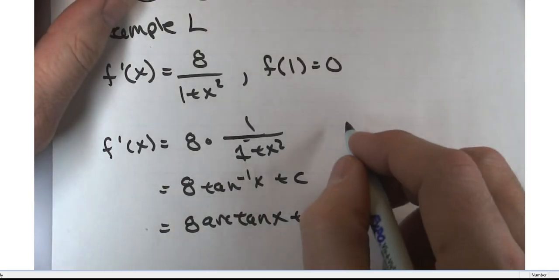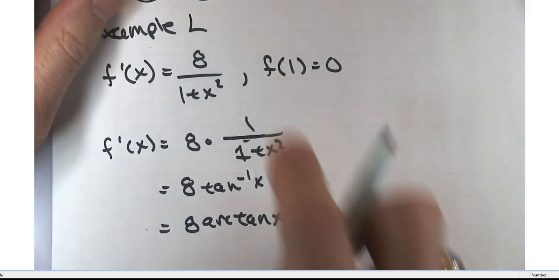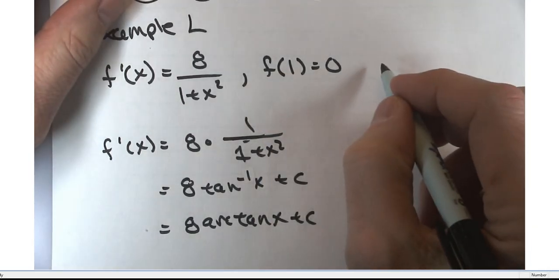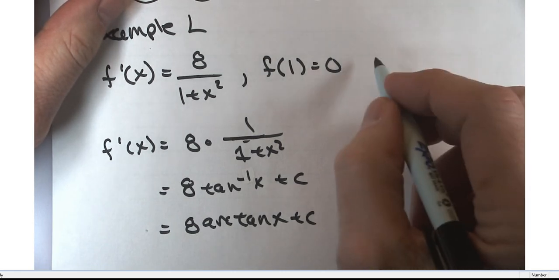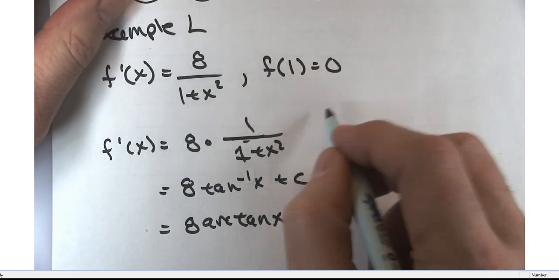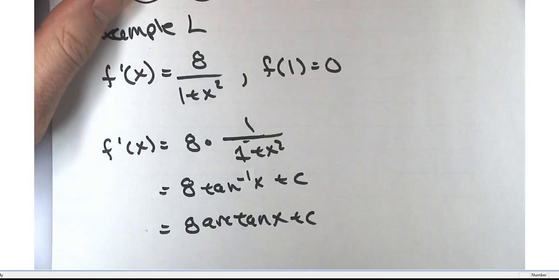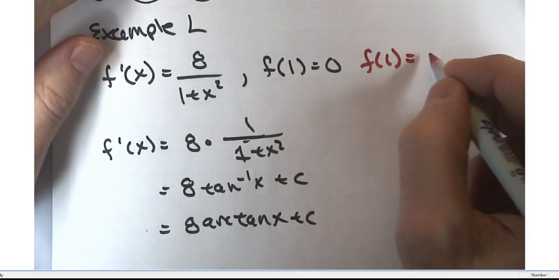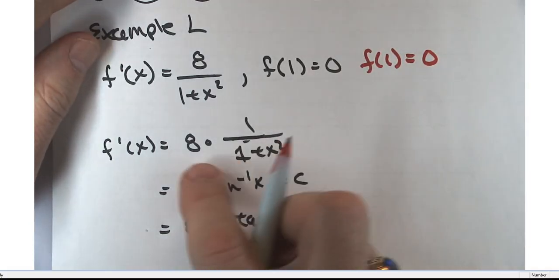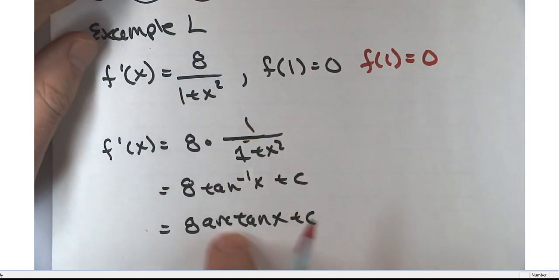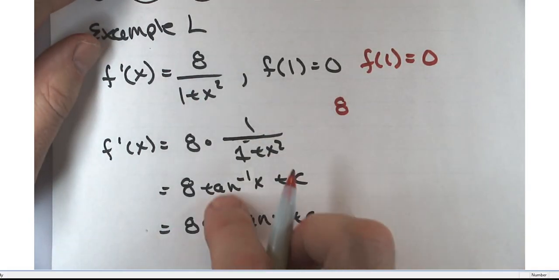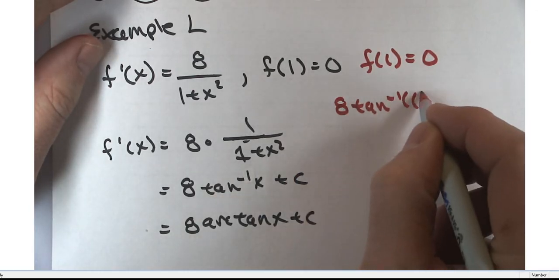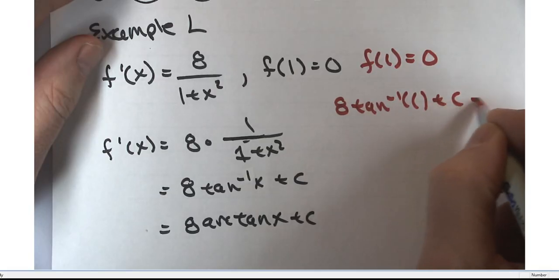Let's see if we can figure out the rest of this then. f of 0, or excuse me, f of 1 would equal 0. Let me write it in red. f of 1 equals 0. f of 1 is going to be 8 times tangent inverse of 1 plus a constant equals 0.